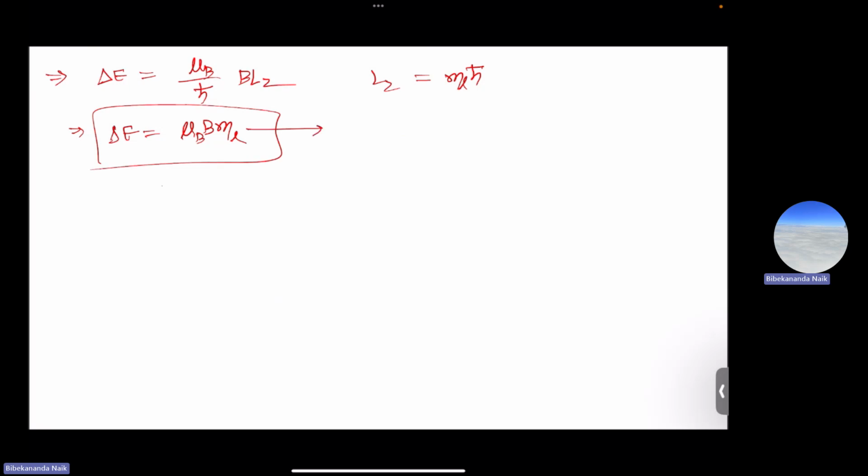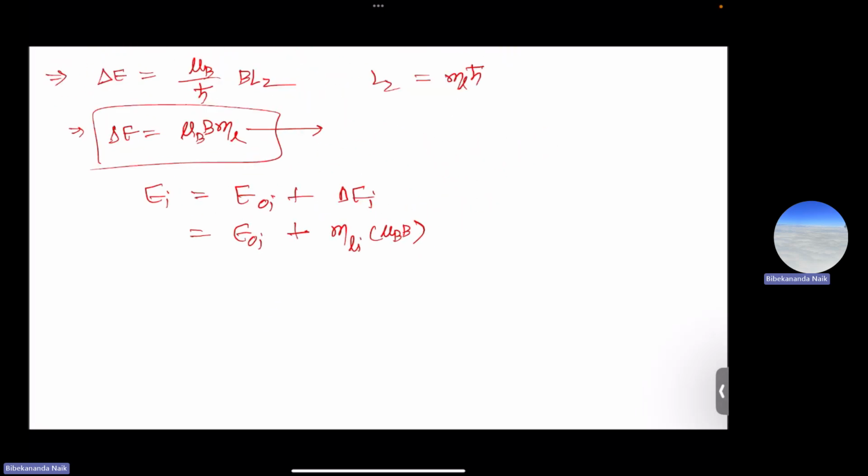So in case of the initial level, it was Ei, so it will be split into Ei plus delta Ei, which will be E0i plus mli mu B into B, like that.